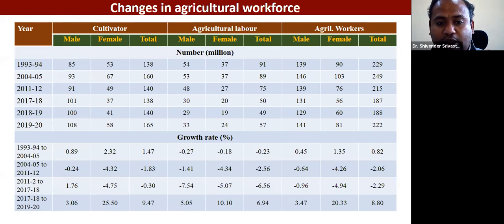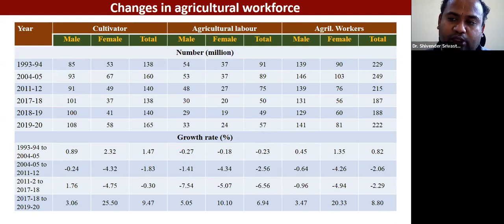And this is not only related to cultivators, but also to agricultural laborers, because earlier the withdrawal of labor increased by 2% to 6%, but again between 2017 and 2019 the number of laborers has increased at the rate of 6%. So we can see some trend reversal in terms of the number of cultivators and laborers, particularly in the recent 2 to 3 years.